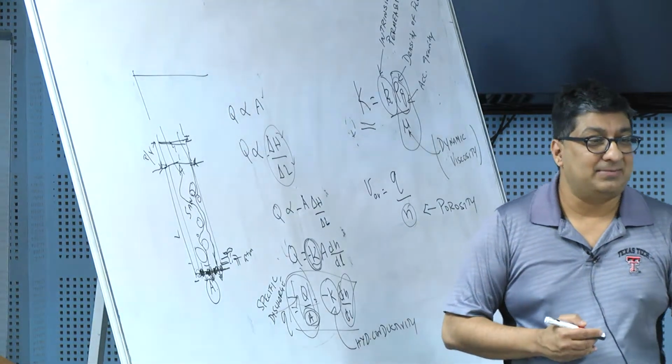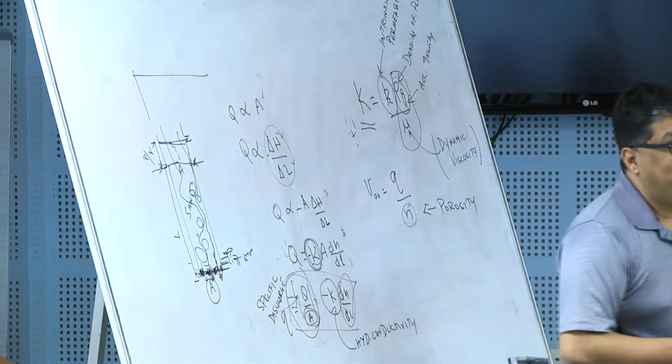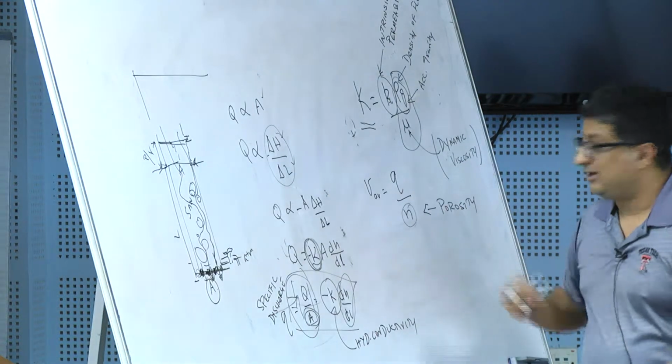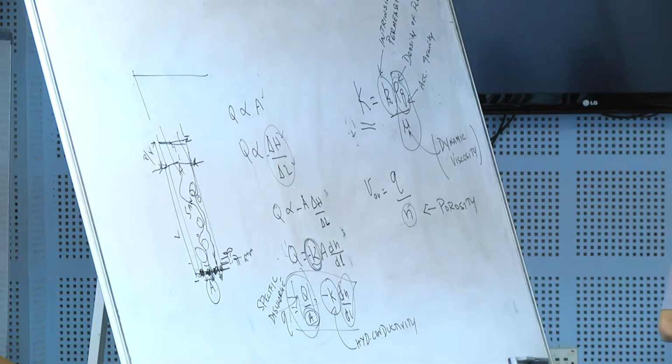A lot of times we cannot measure at that individual pore level because we don't know what the pores look like. All we can measure is an average velocity over the entire pores. So when we divide by porosity, we call that the average velocity or the average linear velocity. The reason is we are averaging over all the pores in that cross section, all the pore sizes in that cross section.